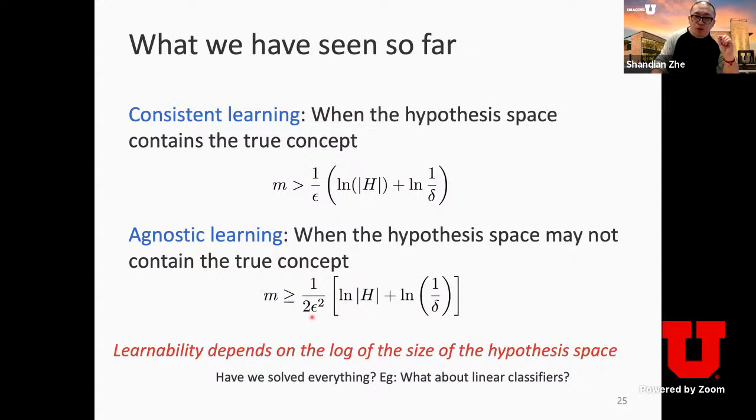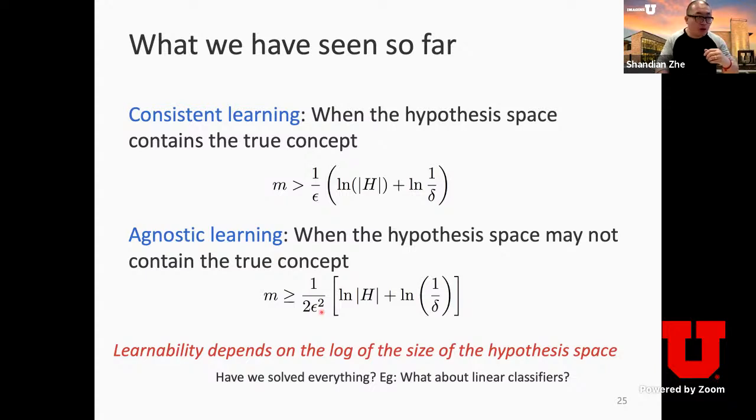So here, epsilon indicates the difference between the true error and the training error. What we can claim is that as long as the number of training examples is bigger than this bound, with high chance, at least 1 minus delta, the difference between the true error and the training error is less than this epsilon. This is the meaning of epsilon.